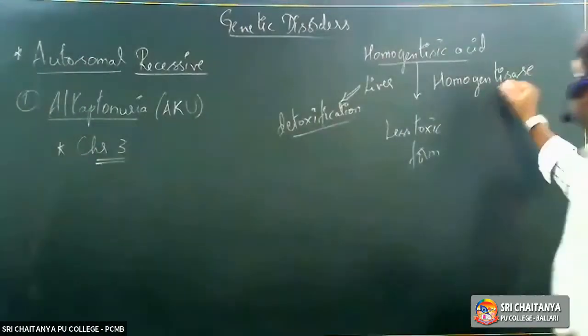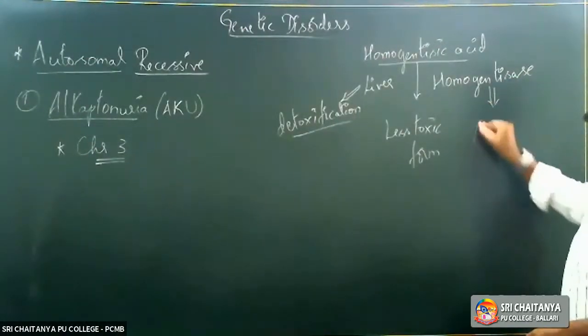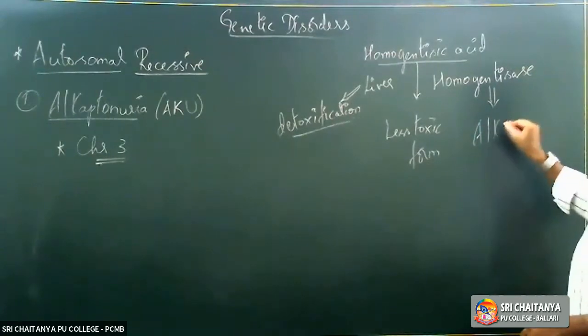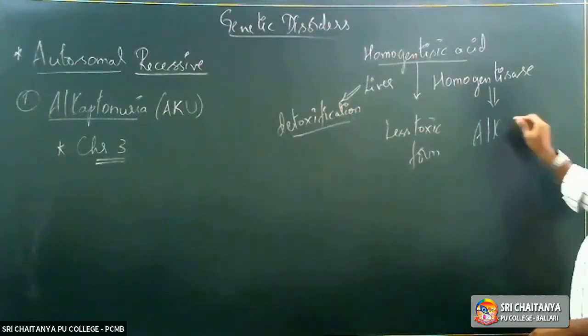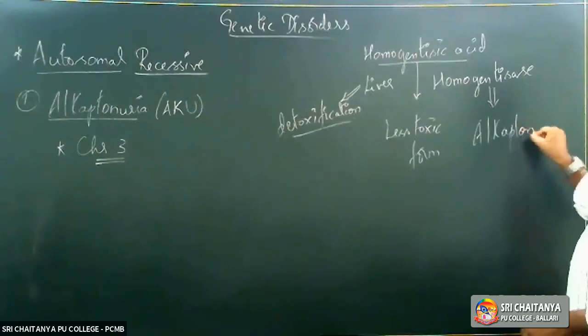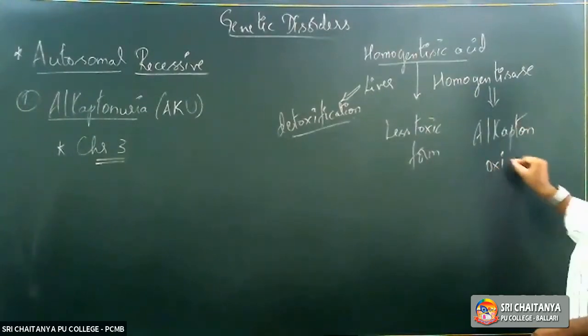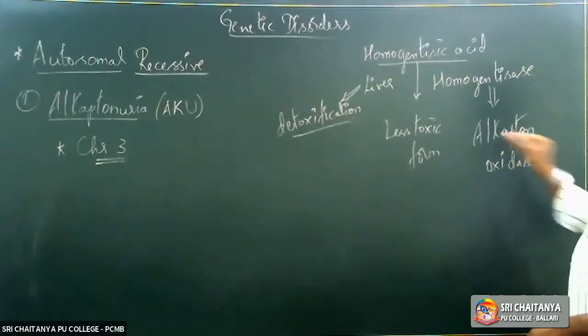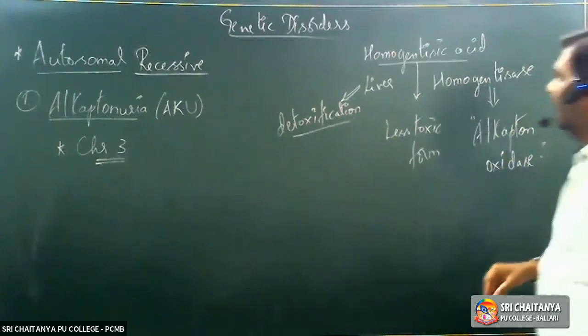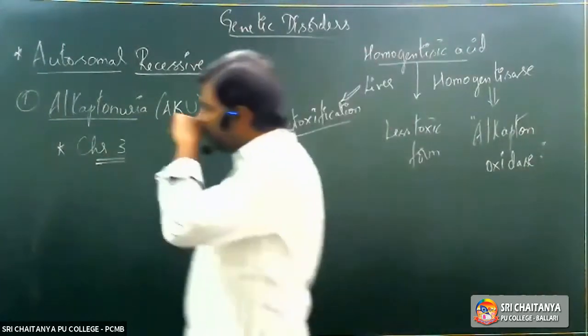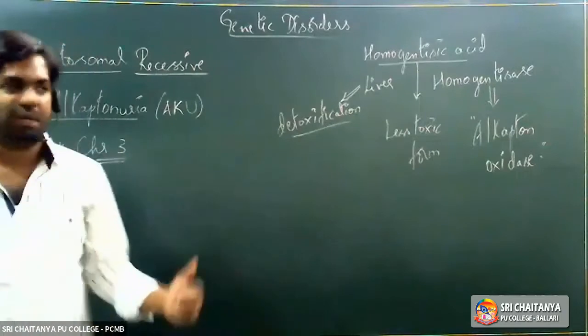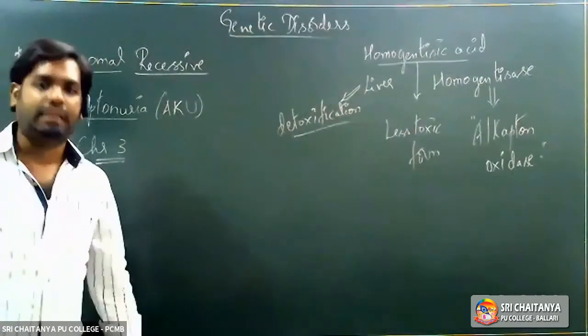Yesterday I told you that homogentisase is also called Alkapton oxidase. So this is the enzyme which is responsible for the detoxification of homogentisic acid in the liver.